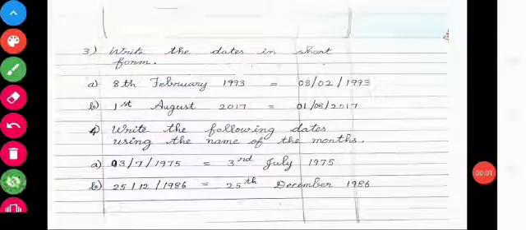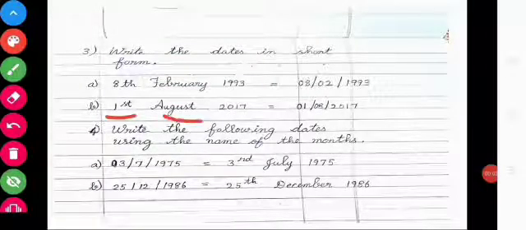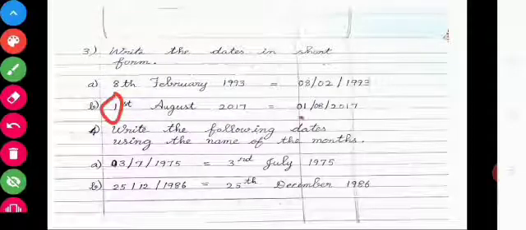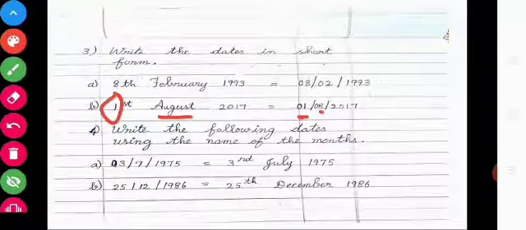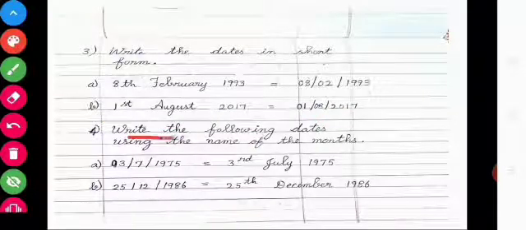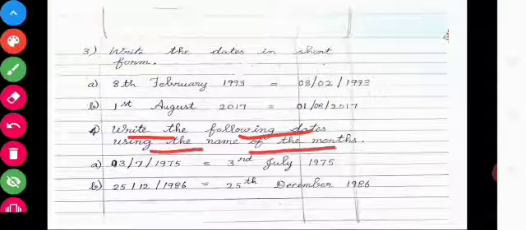And then next sum, 1st August 2017. Write the date first, so write 01, and then August is the month 8. Right? 08 and then the year 2017.